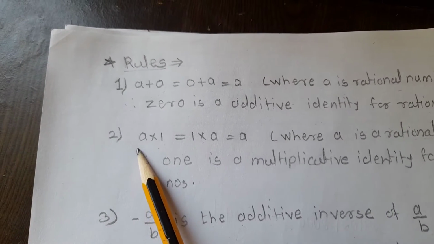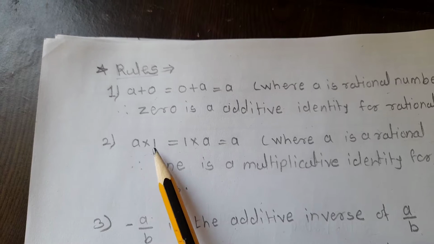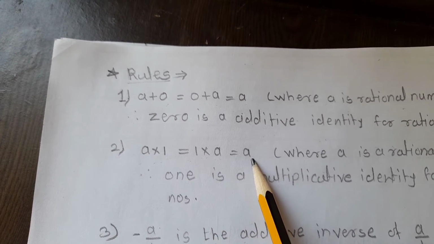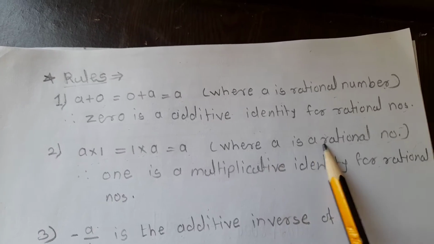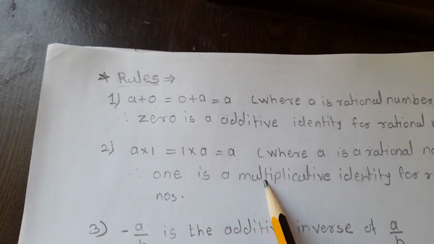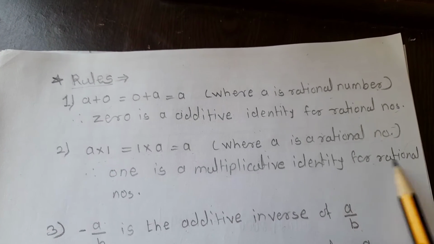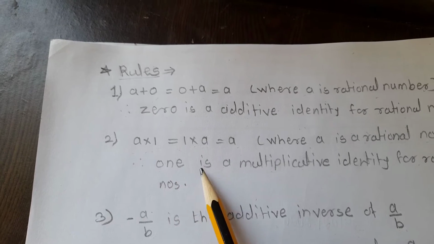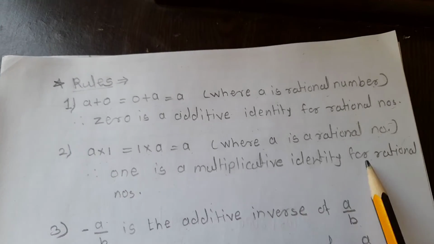Second rule: a multiplied by 1 is equal to 1 multiplied by a is equal to a, where a is a rational number. Therefore, 1 is the multiplicative identity for rational numbers.